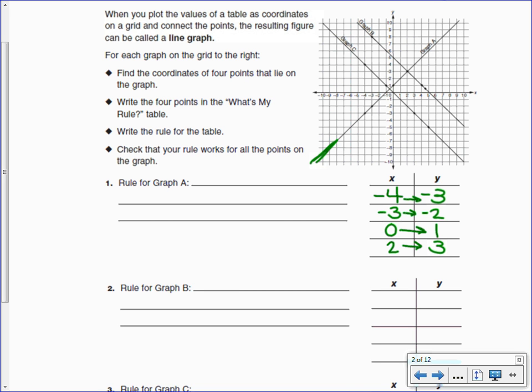They're adding 1. Adding 1 to what? To X, right? Because if you added 1 to Y, that doesn't work. So you'll have your X, you add 1, and that's going to give you what? Y.